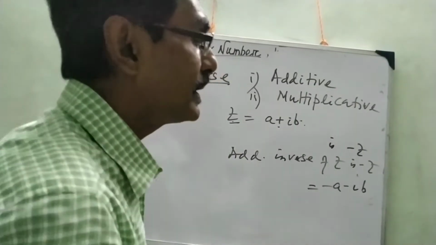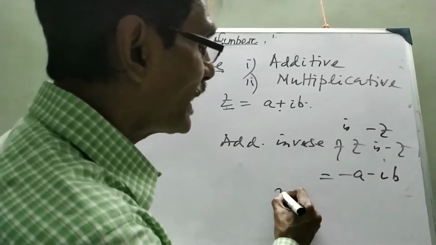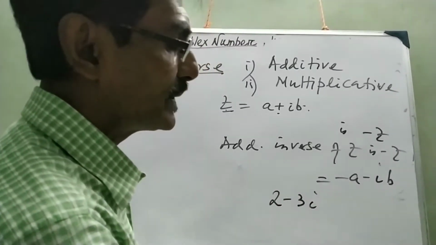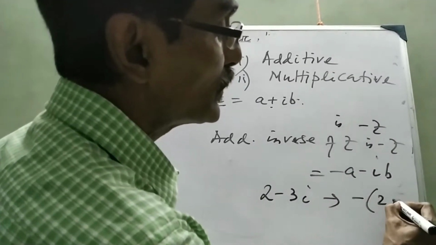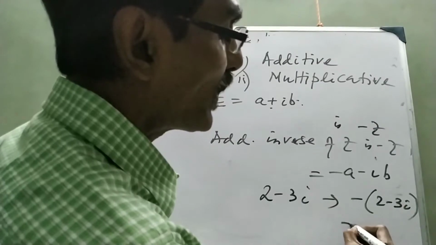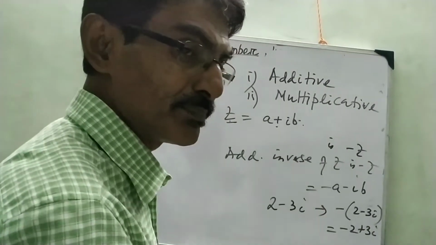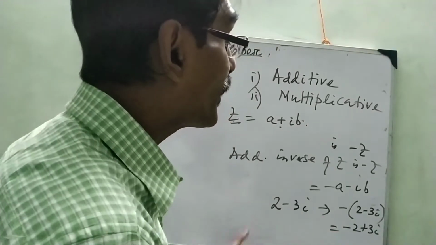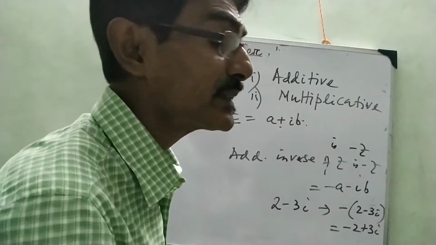Simple example, if I ask you what is the additive inverse of 2 minus 3i, your answer will be minus of 2, minus of 3i. So the final answer you are getting is minus 2 plus 3i. But the answer you will write by proper statement like this. This is also very simple.